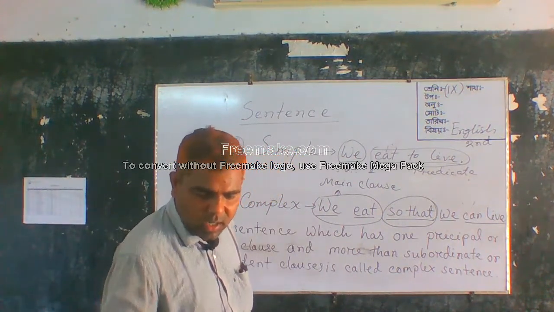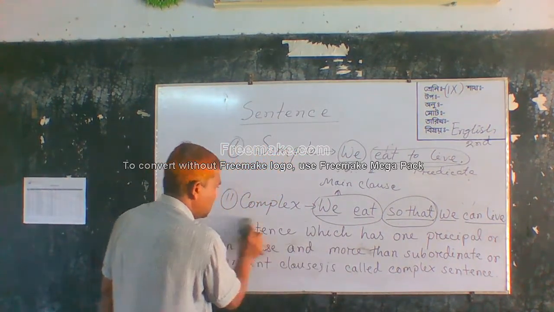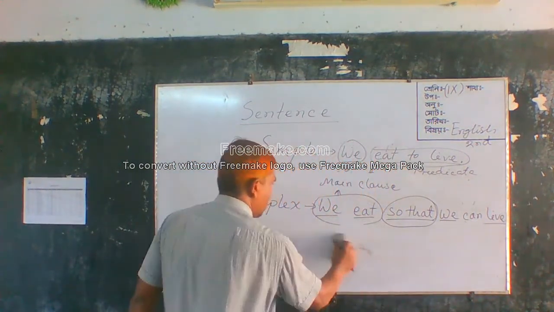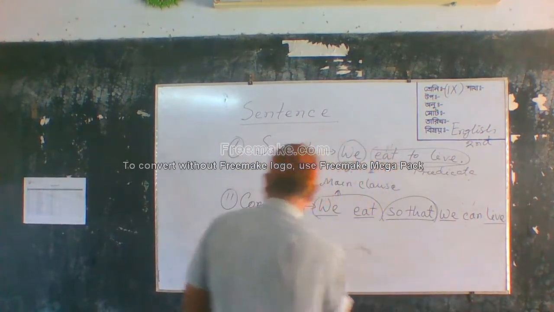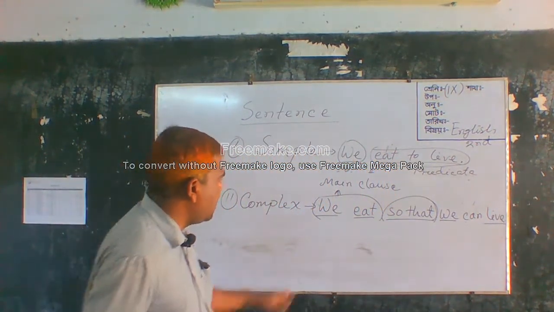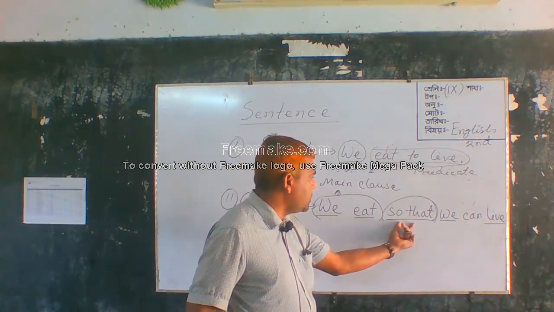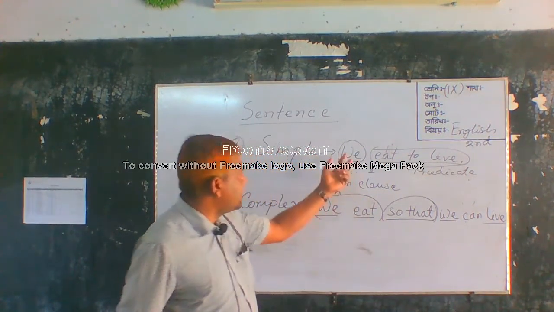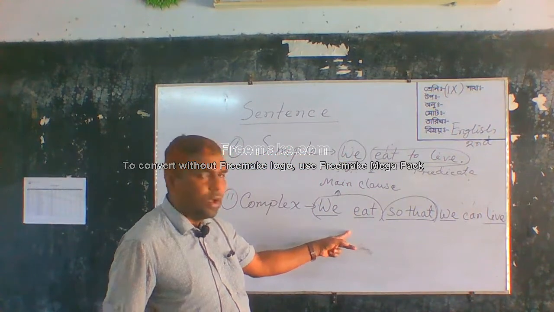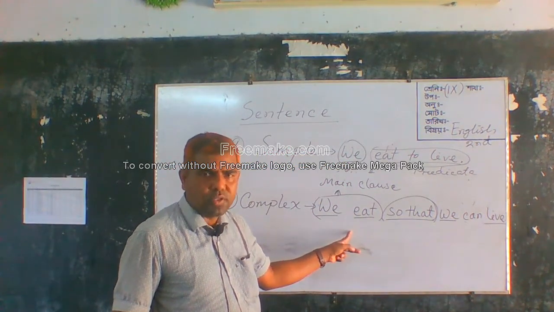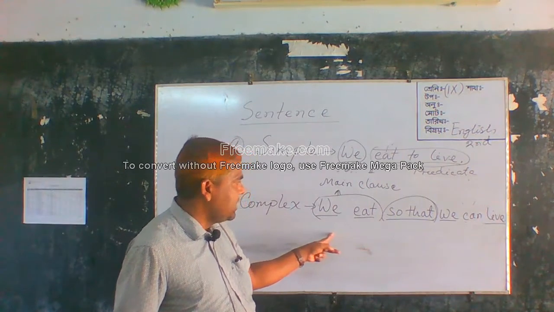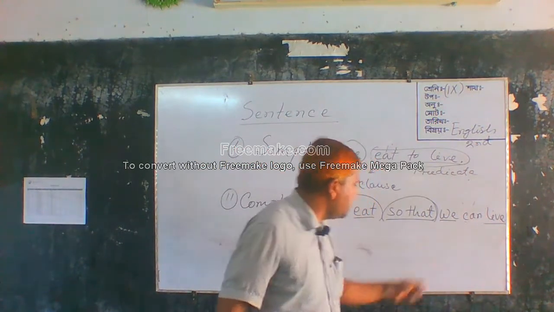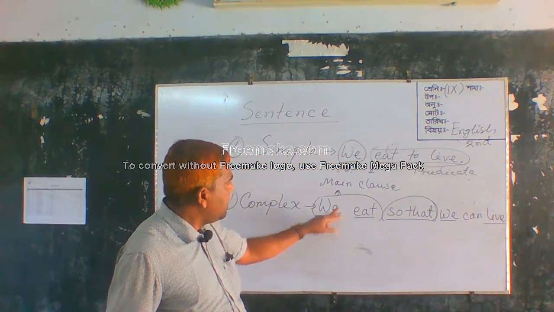Dear learners, what kind of conjunction should we use when we change a sentence from simple to complex? What kind of conjunction do we use in complex sentence? We eat to live.